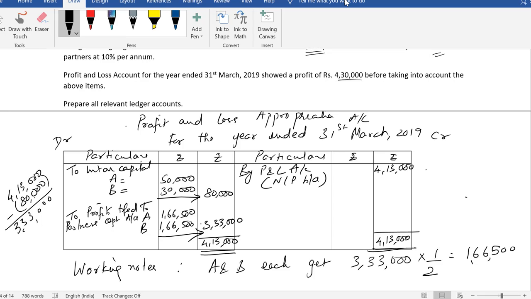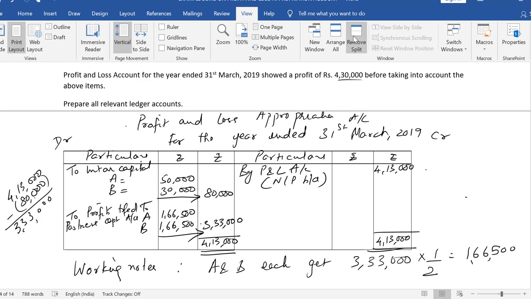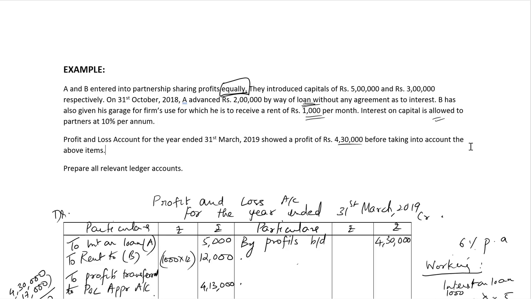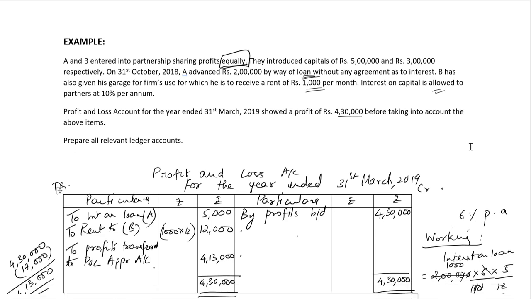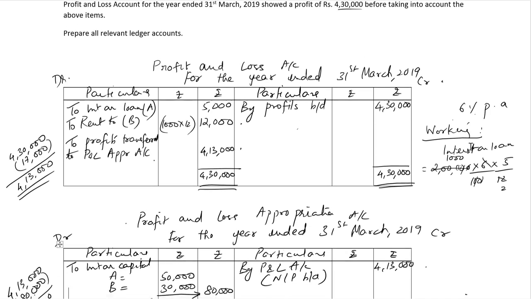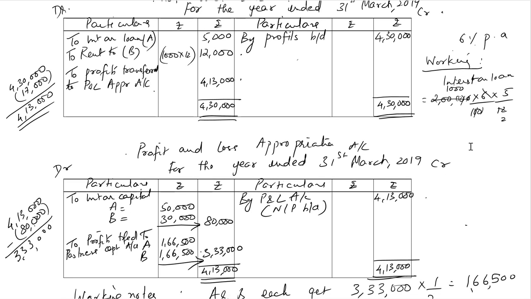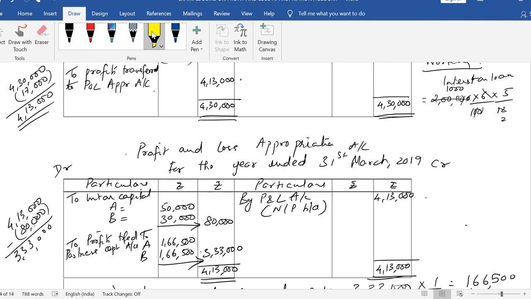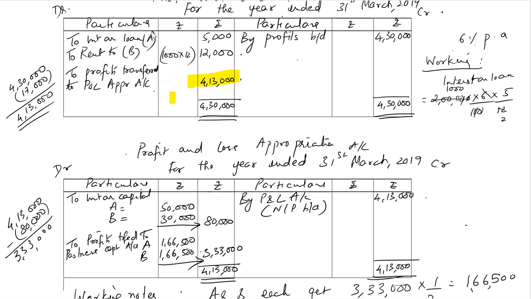I'll remove the split and we can see the answer. This was the profit and loss account which we prepared, and the profit and loss appropriation account. After bringing down the profit from the profit and loss account, we have brought it down here.